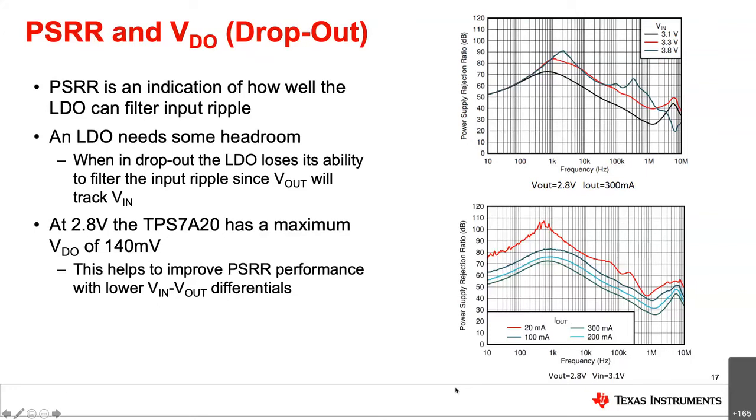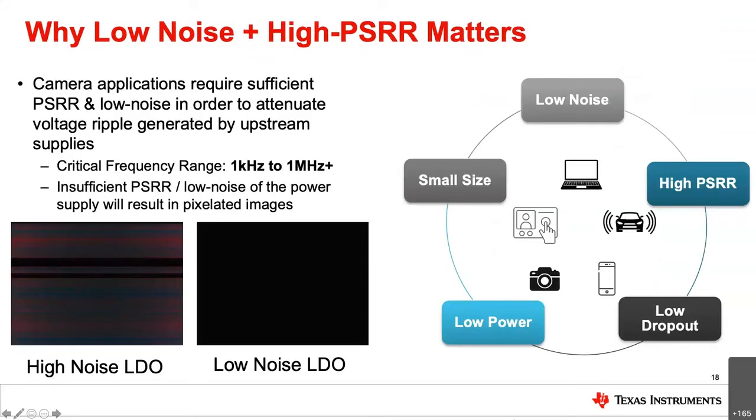So typically, we see these low noise and high PSRR requirements in camera applications or powering image sensors. The critical frequency range is about 10 kilohertz to 1 megahertz, and having insufficient PSRR or higher noise of the power supply powering the image sensor will result in pixelated images.